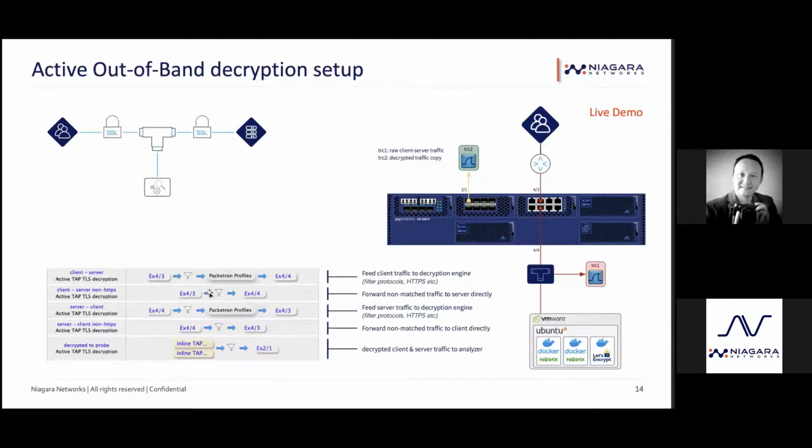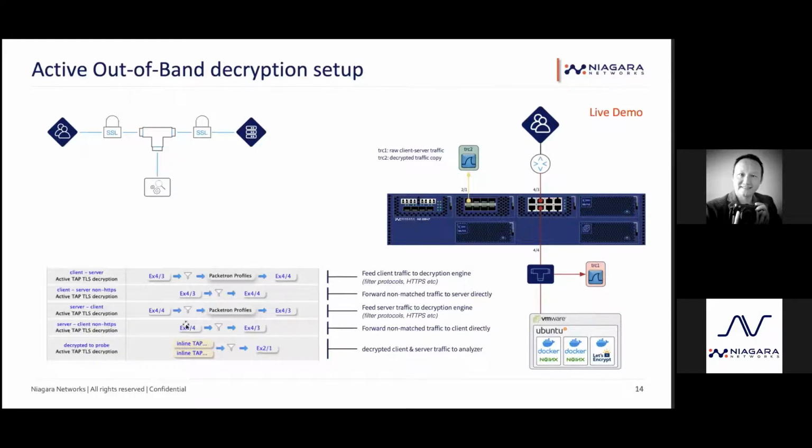But obviously it uses some processing cycles, as well as some bandwidth from the packetron. So what I usually do is I do not send that traffic to the packetron at all, but I immediately forward the non-matching traffic to the egress port.